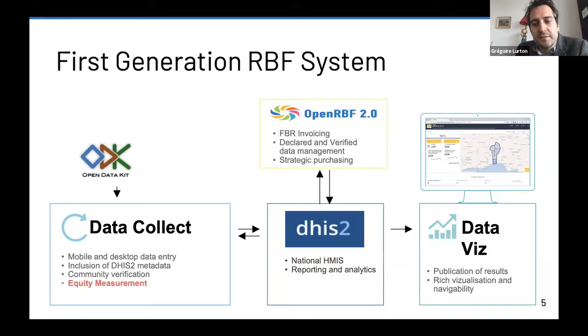Then this data is sent through to DataVis, where the data can be visualized, and that's the portal I showed earlier. And the whole computing and invoicing aspect of the system is done through a specific piece of software called OpenRBF2. So you have here a full system where you collect data on a regular basis, data on services, data on quality of services.